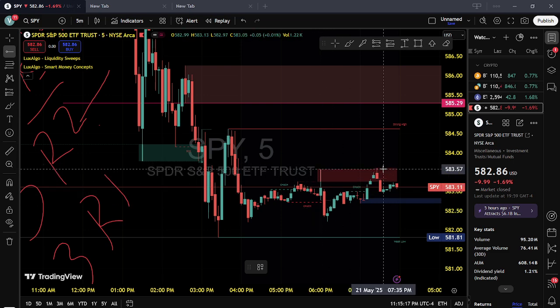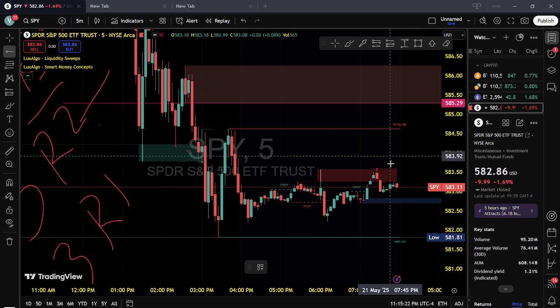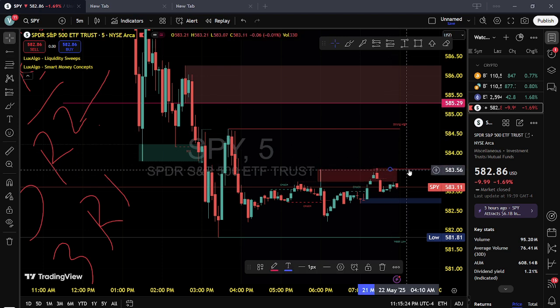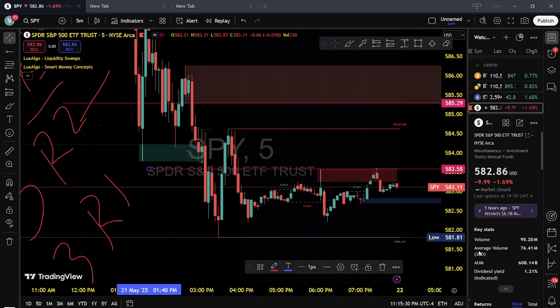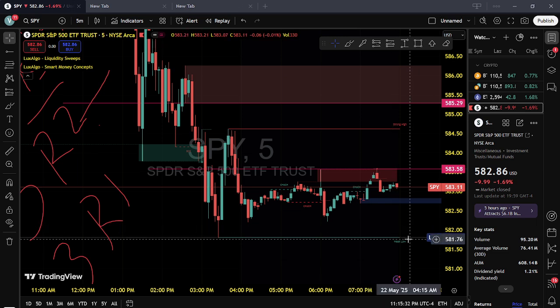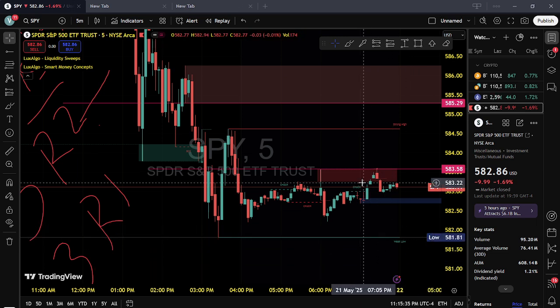Look at these two wicks, 583, as we mentioned. So 585 and 583. I'm just putting this right over the top of these wicks. These are two resistance levels for tomorrow.